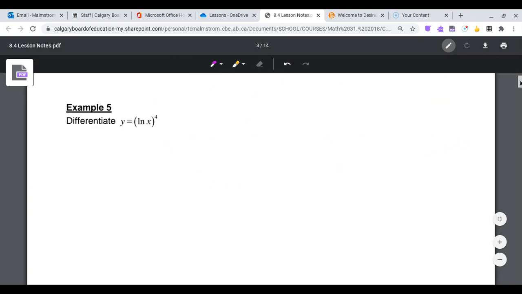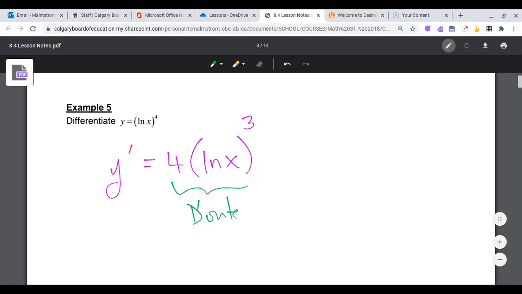All right, number 5. So we have a chain here. So y prime is going to be 4 multiplied by ln x reduced by 1. That's your d outer. And then we have to take the derivative of just the inside, which is 1 on x.